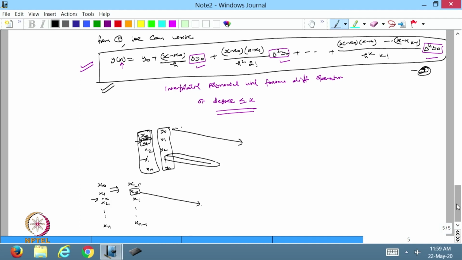So, from here I can say that to implement this formula number 2, we try to retain as many differences as possible for better accuracy.